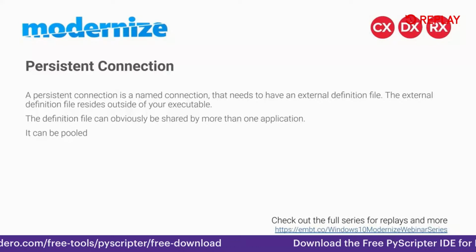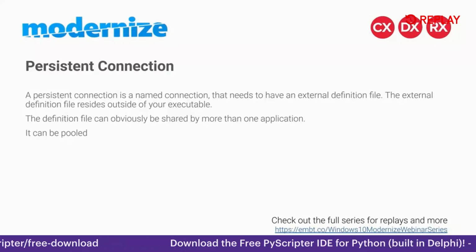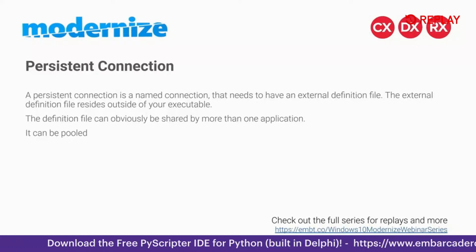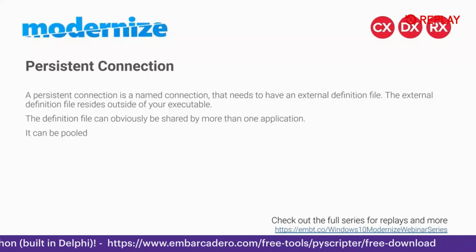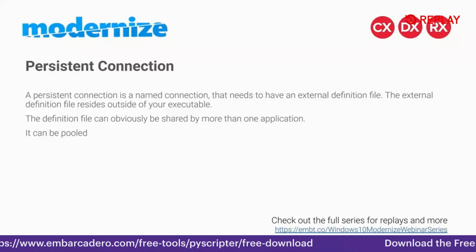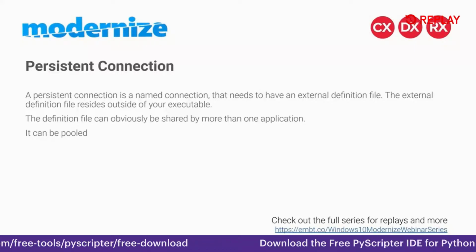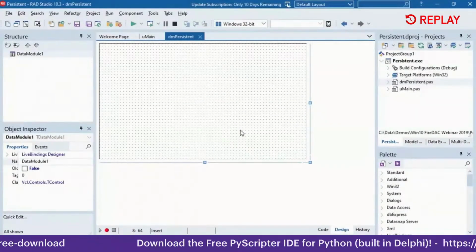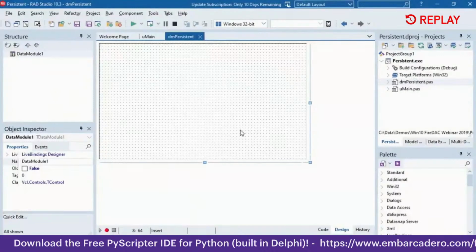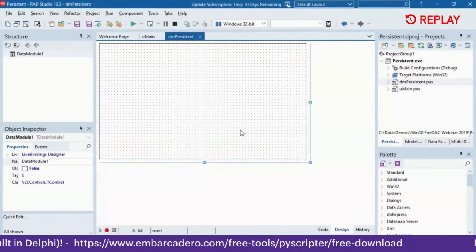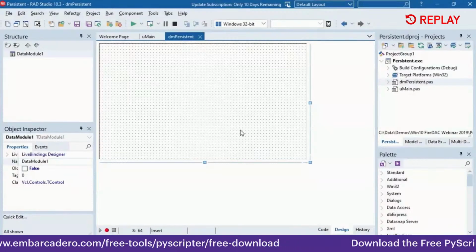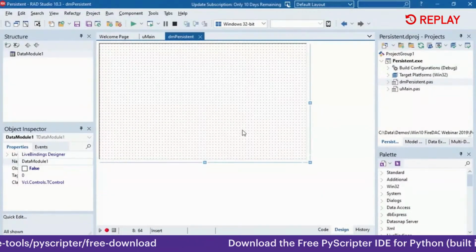that means it's much better if you're thinking of making threaded applications that have connections to the database in threads, as each thread needs its own connection. Creating a persistent connection is just as easy as the unnamed temporary connection, but it's done in a different manner.